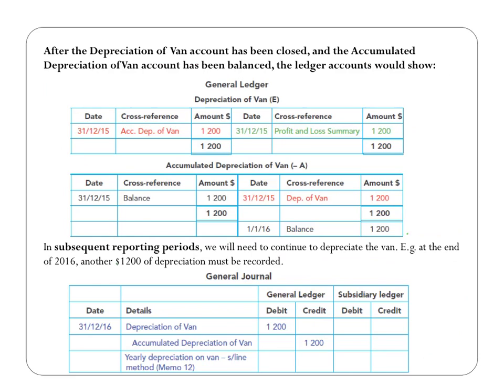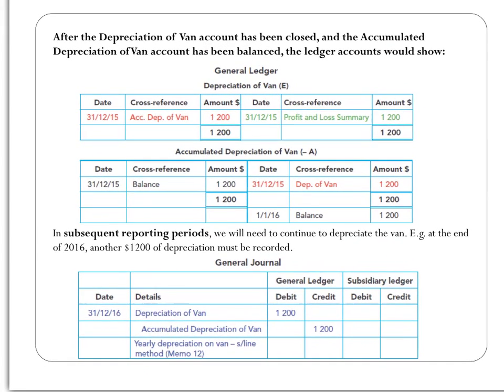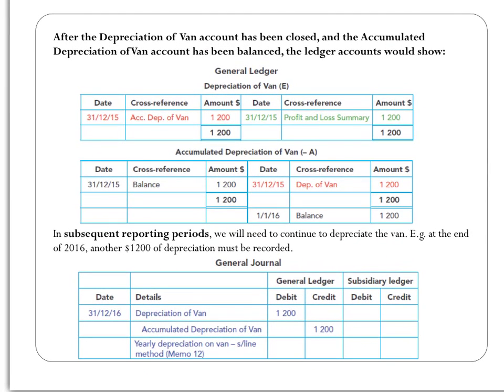Now after the depreciation of van account has been closed and the accumulated depreciation of van account has been balanced, this is how the ledger account would appear.